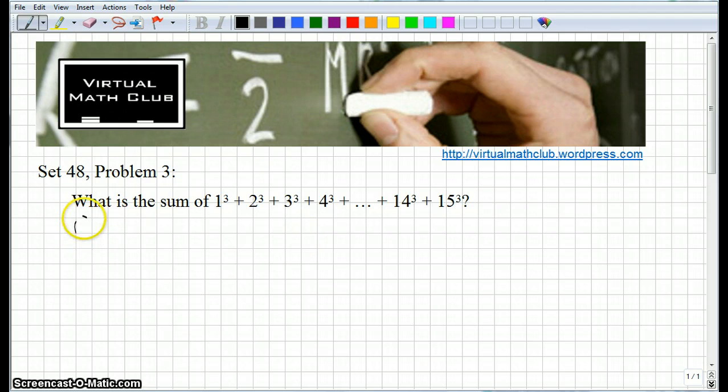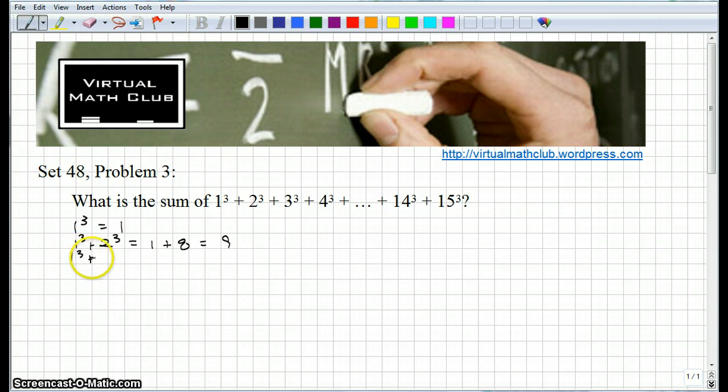So we know that 1 cubed is just equal to 1, right? So let's look at what 1 cubed plus 2 cubed is. That's just 1 plus 8, which is equal to 9.